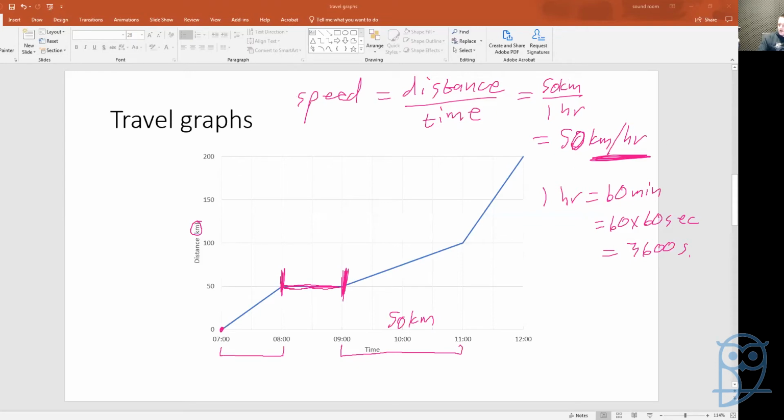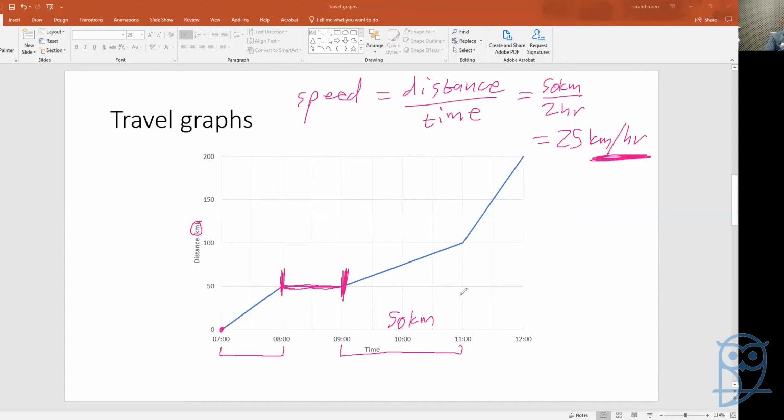However, what's different is that it's now no longer 1 hour, it is now 2 hours, which means that is going to change. It is now over 2 hours because it's from 9 to 11, and therefore this becomes 25 kilometers per hour. 50 divided by 2 is 25.